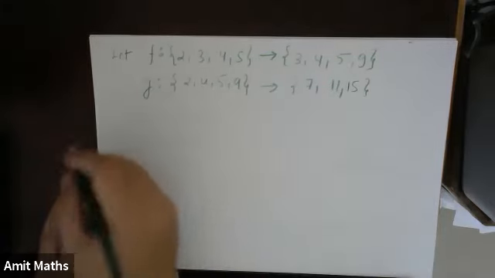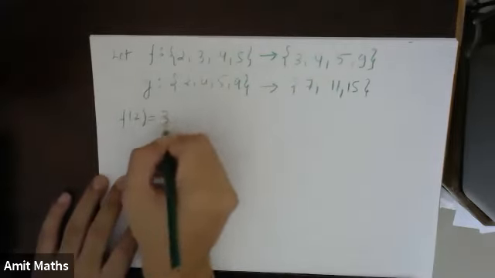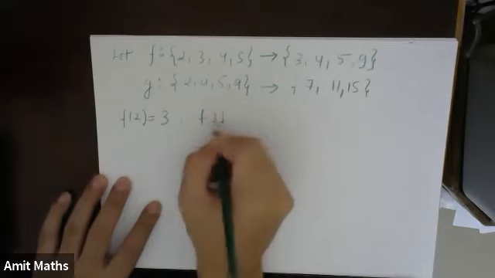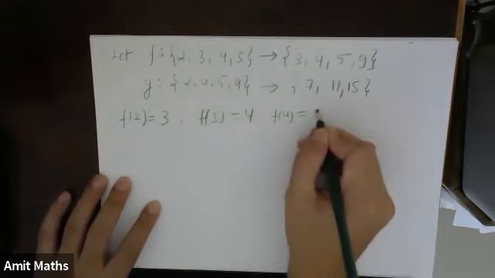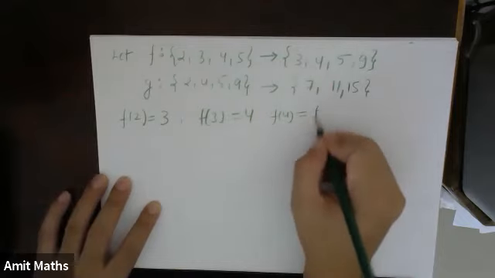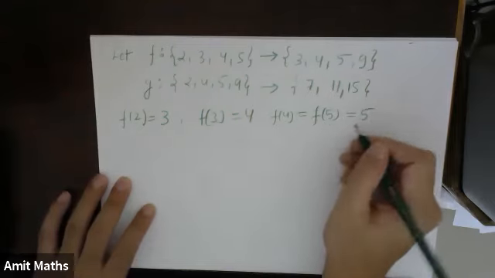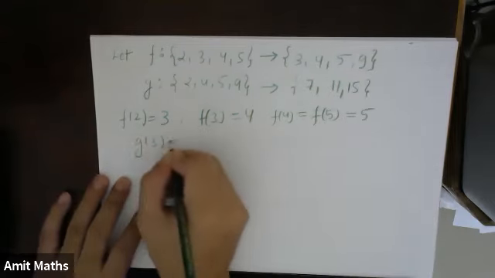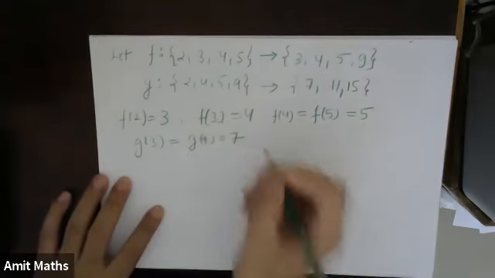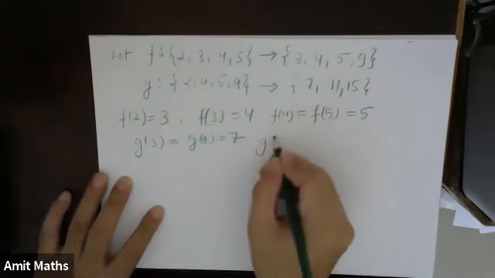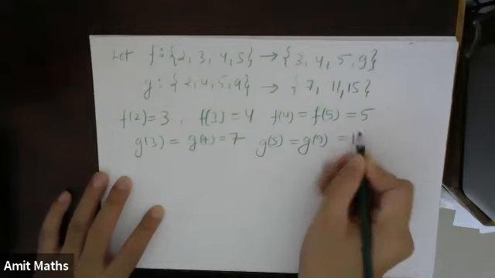These are the values given: f of 2 equals 3, f of 3 equals 4, f of 4 equals f of 5 equals 5, and g of 3 equals g of 4 equals 7, and g of 5 equals g of 9 equals 11.